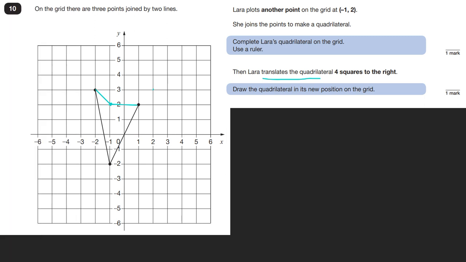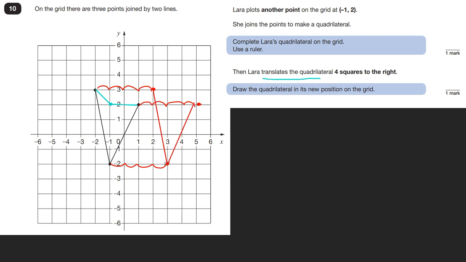So this point moves 1, 2, 3, 4. And this point moved 1, 2, 3, 4, so it comes here. And this point moved 1, 2, 3, 4, it comes here. Now I'm going to connect these 3 points with a straight line tool.